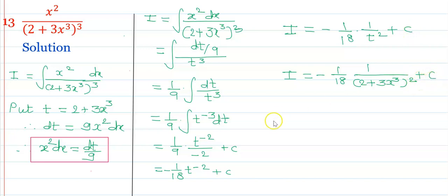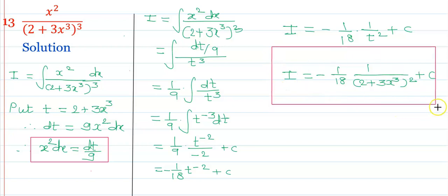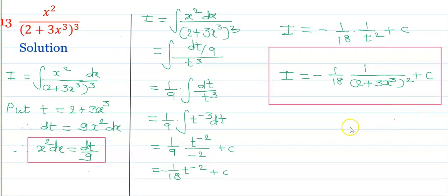This is the answer. Minus 1 upon 18, 1 upon (2 plus 3x cube) bracket square plus c.